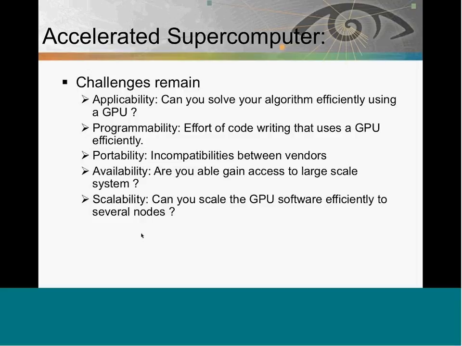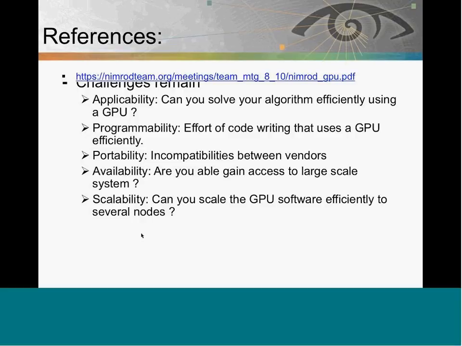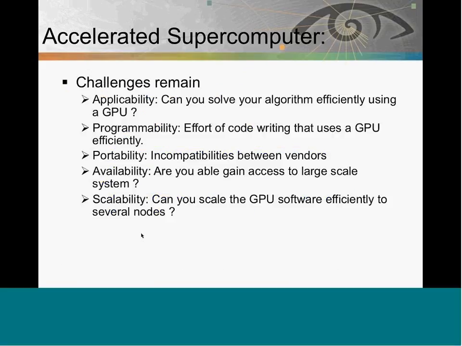Do you have any system available with the latest GPUs? And if you have very efficient code for one single GPU, how do you scale it to 8,000 nodes or 10,000 nodes, thousands of GPUs? Is it possible? So these are all the challenges for running your code on a supercomputer.